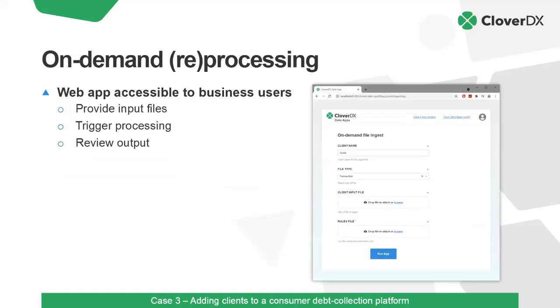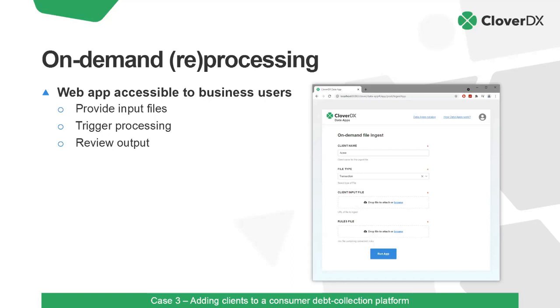And same idea sort of follows, we'll have this process go through, no problem. But if something goes wrong, we also have on-demand reprocessing or processing. We provided a web app using CloverDX data apps to give an application that's accessible to business users without having to go through any sort of more technical platform. They provide us with input files.